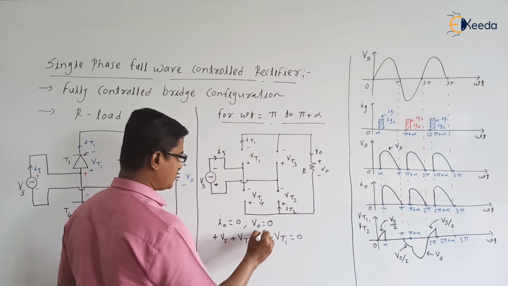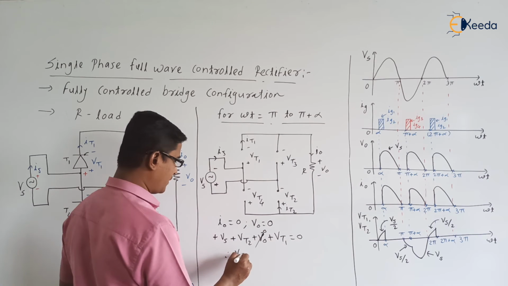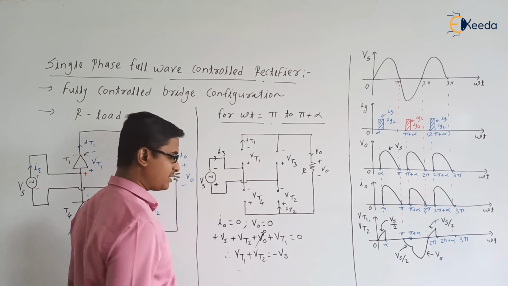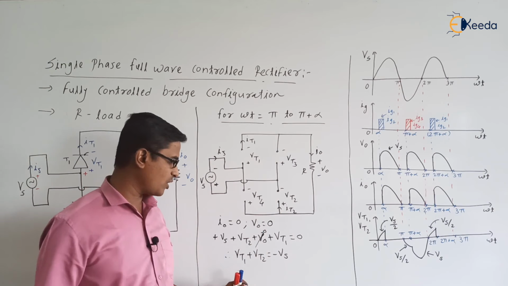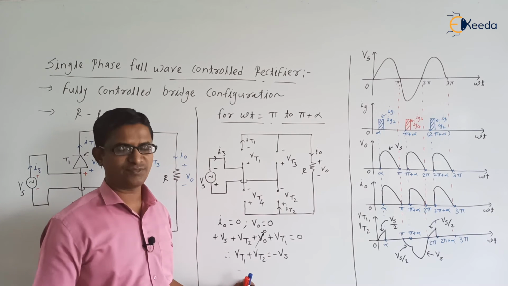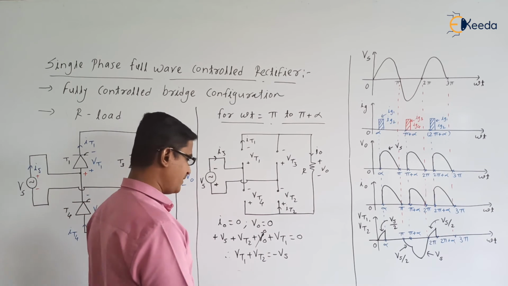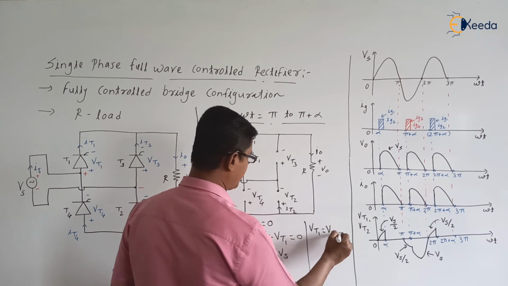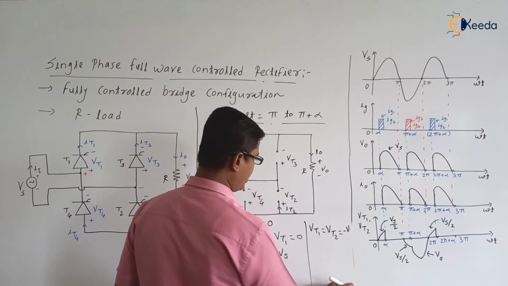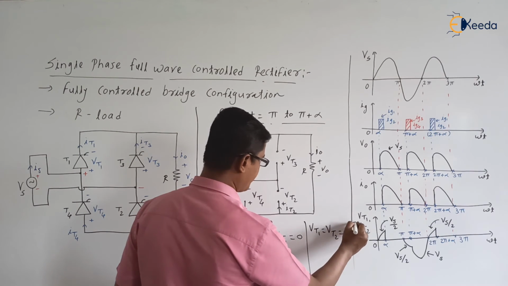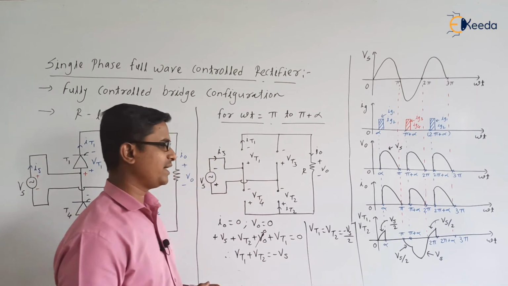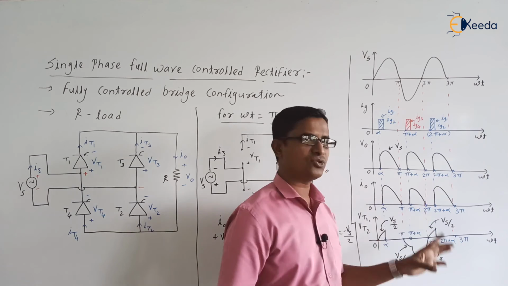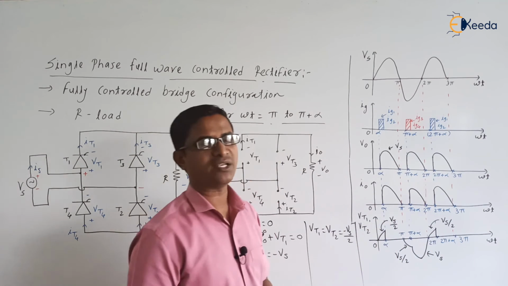Out of that V0 is 0, so we can write Vt1 plus Vt2 is equal to minus Vs. Now thyristors T1 T2 are made of the same material, so the equivalent resistance will be the same. Therefore Vt1 is equal to Vt2 is equal to minus Vs by 2. Is this clear? So from pi to pi plus alpha, V0 is 0, I0 is 0, and Vt1 and Vt2 are equal to minus Vs by 2.